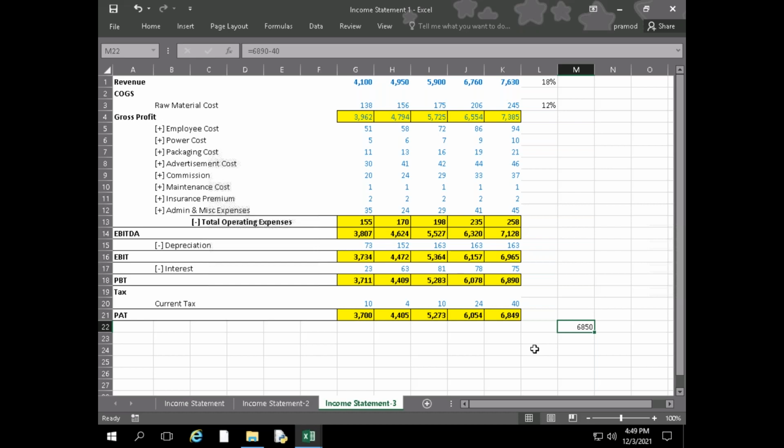Apart from that, same answer only showing. See, 1 rupee is only different. In a sense, maybe decimal I have decreased, but it is same. See here, in the 40, I have decimal value. So exactly if I do 40, 6,850 I get. Here and on, some of the decimal values are there. So that is the reason that 1 rupee is not tallied.